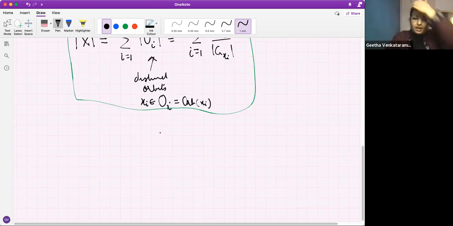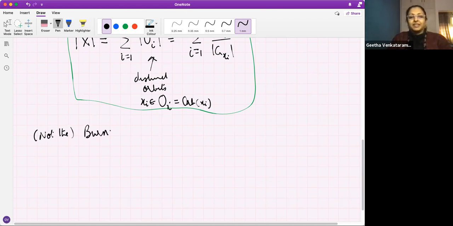So today, I'm going to talk about the Burnside lemma. In 1960, this result started being called Burnside's lemma, but it was never proved by Burnside.